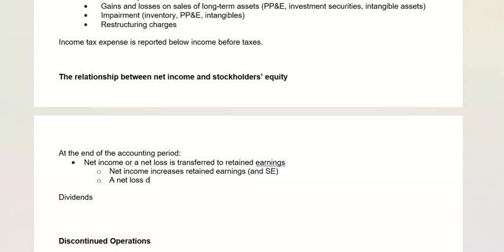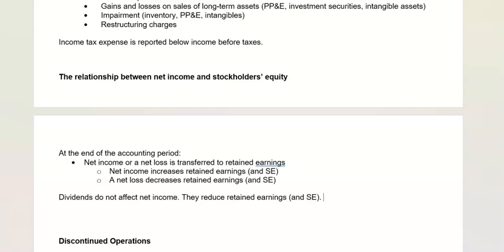A net loss, on the other hand, decreases retained earnings and stockholders' equity. Remember that dividends do not affect net income. When the company declares and pays dividends, cash decreases, and the other side of that entry would be a reduction to retained earnings, and therefore reduce stockholders' equity.